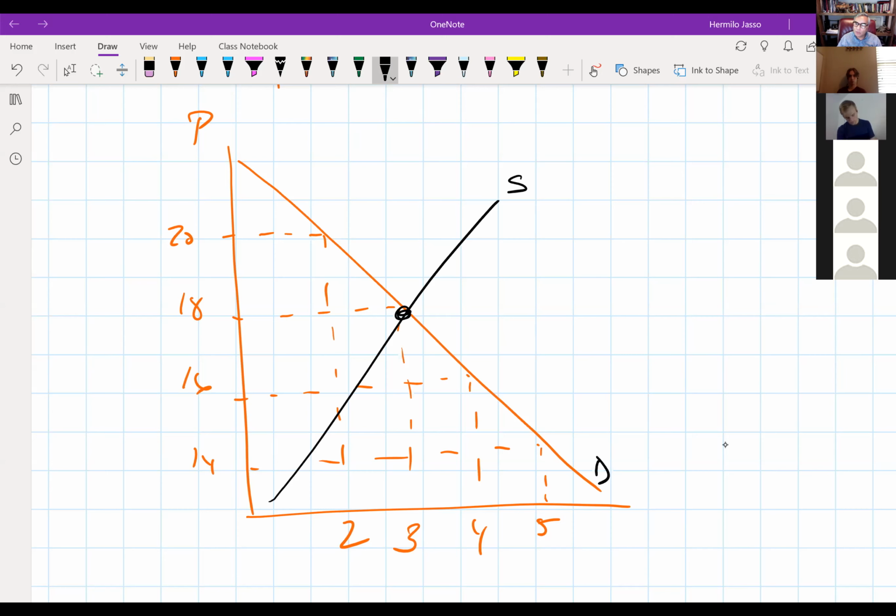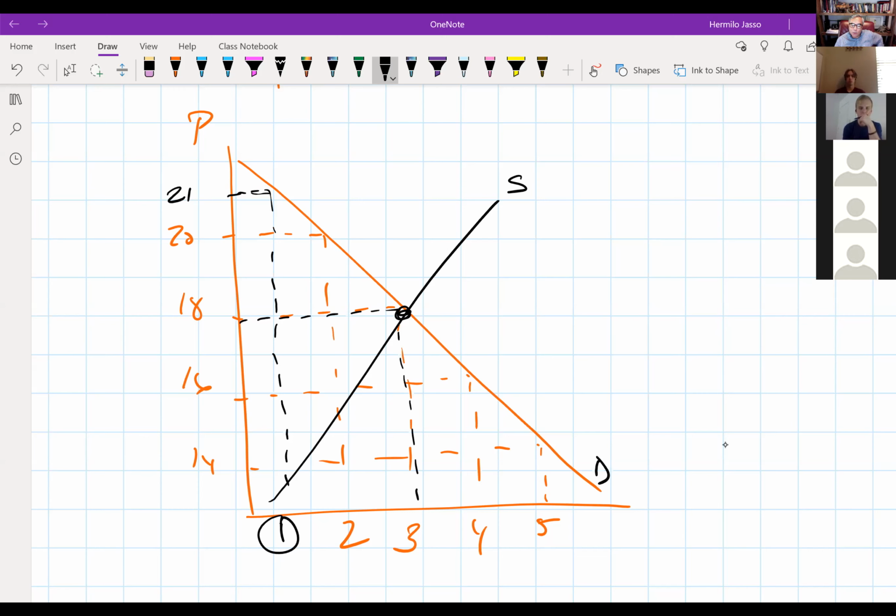Okay, so how many units am I going to buy at a price of $18? 3. Yeah, I'm going to end up buying 3. But look at this. Let me just add something here. How much was I willing to pay for the first unit? In this case, for the first unit, I was willing to pay 21.